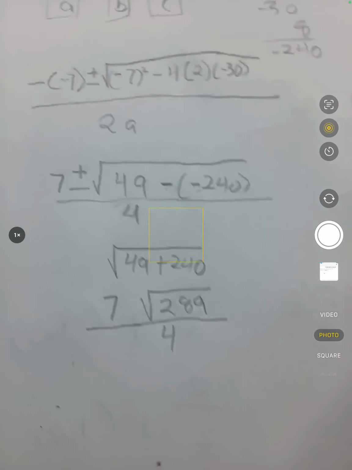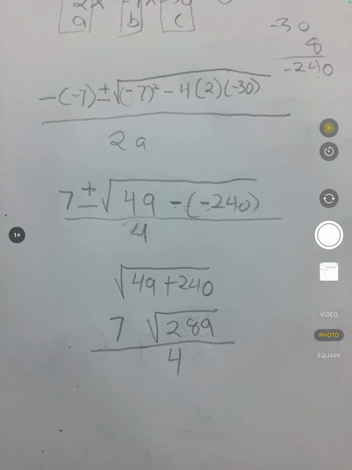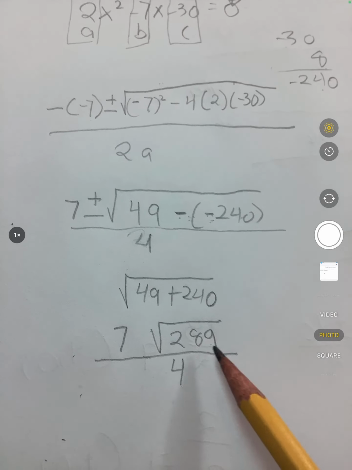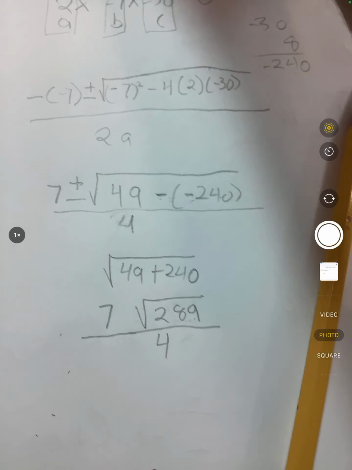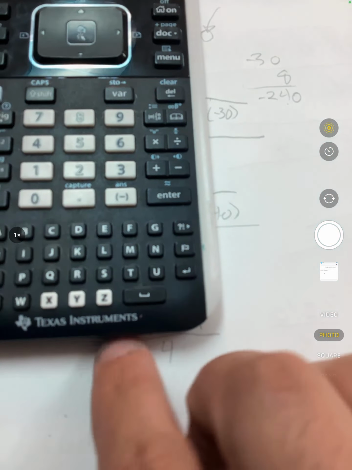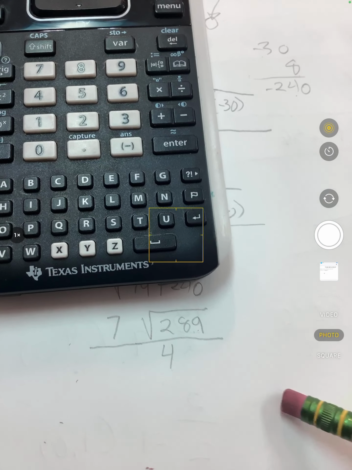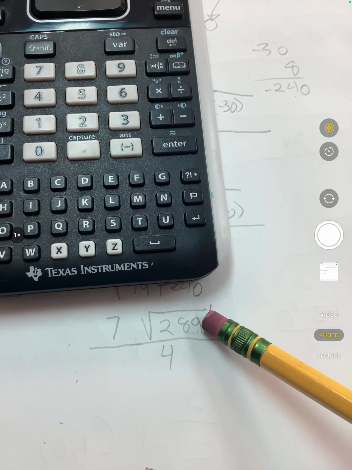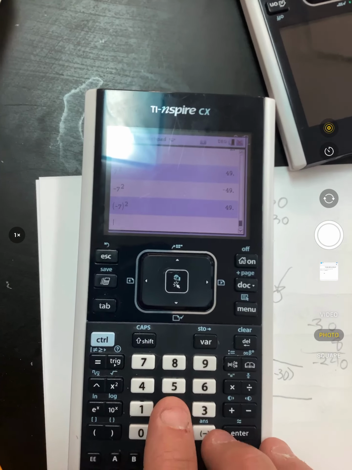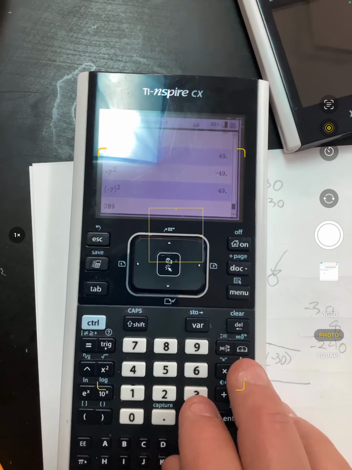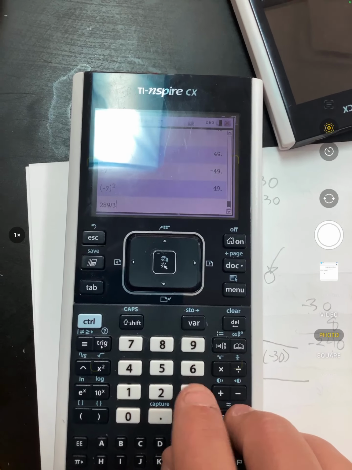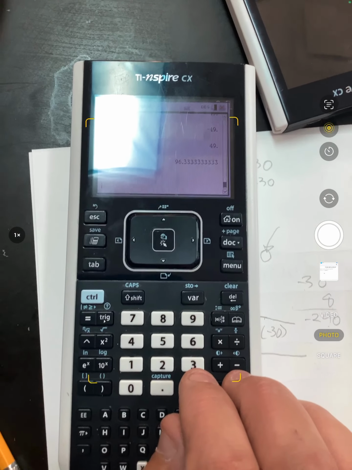So when I go to factor this, because I am going to have to factor that 289 out as much as possible, it cannot be divided by 2 because it is not an even number. I can tell you right now it's not divisible by 3. If you wanted to try it though, 289 divided by 3 is, yeah, it doesn't divide equally.